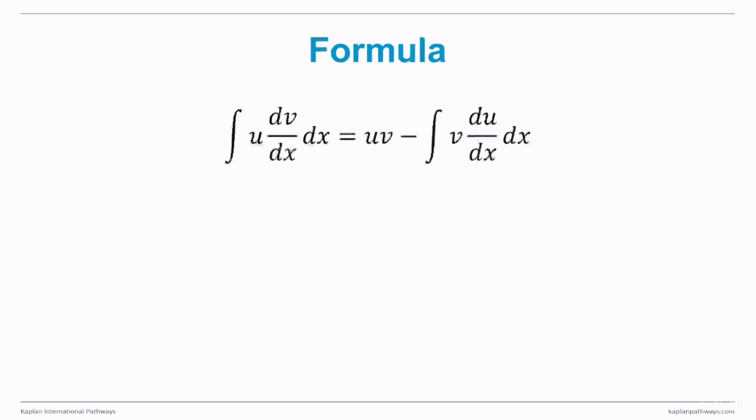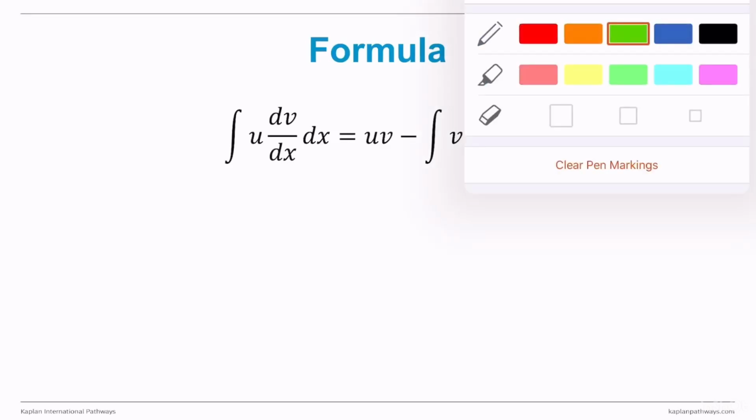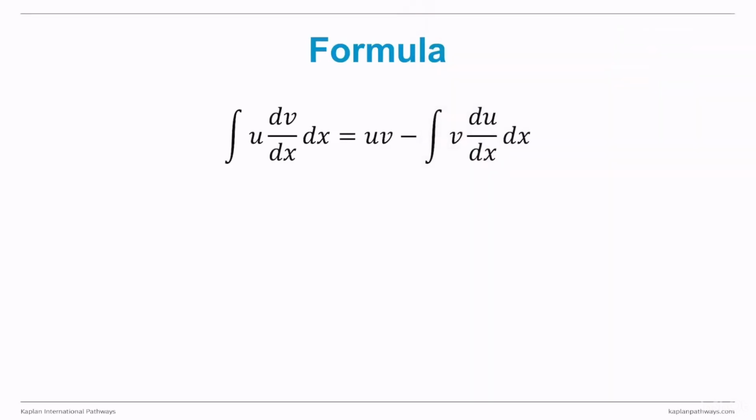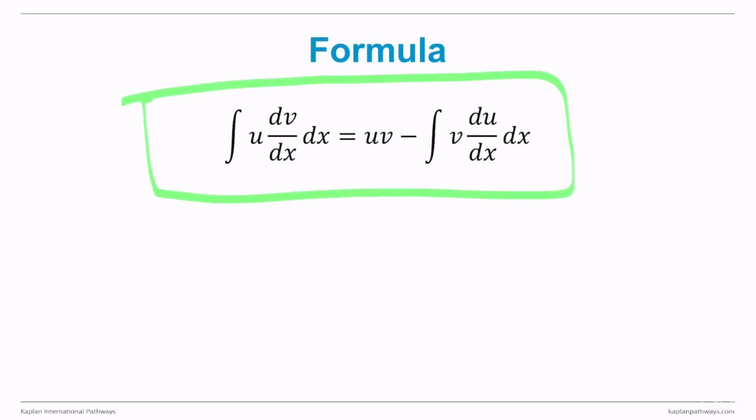This is the formula you will use for integration by parts, which in other words you can say is the integral of u v dash equals uv minus the integral of v du, which is v u dash.